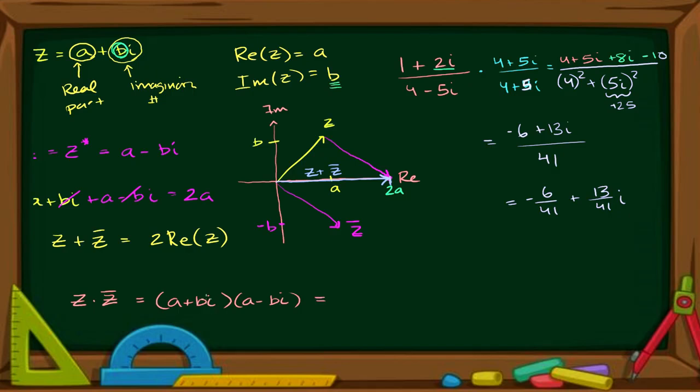It's going to be a squared minus bi squared, difference of squares, which is equal to a squared. Now this is going to be negative b squared, but we have a negative sign out here, so they cancel out. A squared plus b squared. And just out of curiosity, this is the same thing as the magnitude of our complex number squared. So this is a neat property. This is what makes conjugates really useful, especially when you want a simplified division of complex numbers.